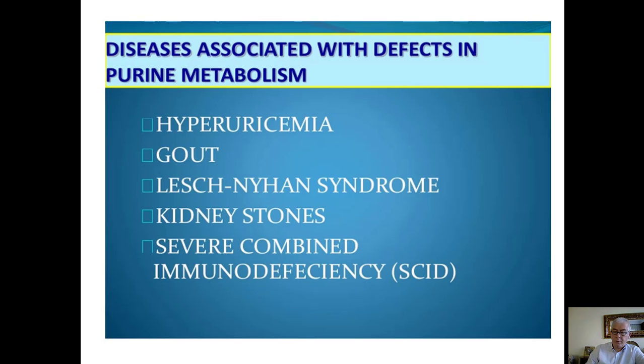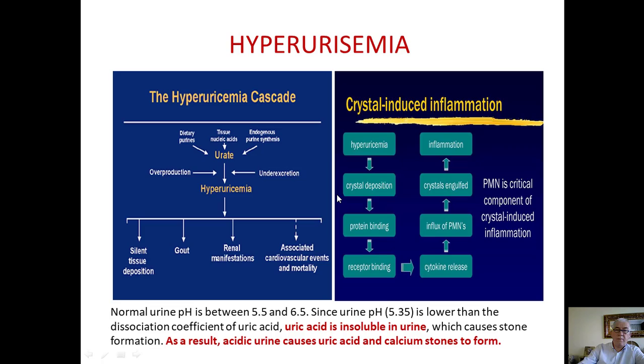As I told you, uric acid is a very dangerous molecule for us, and hyperuricemia is related to increased uric acid in blood. There are some important diseases associated with defects in purine metabolism, such as gout, Lesch-Nyhan syndrome, kidney stones, and severe combined immune deficiency.